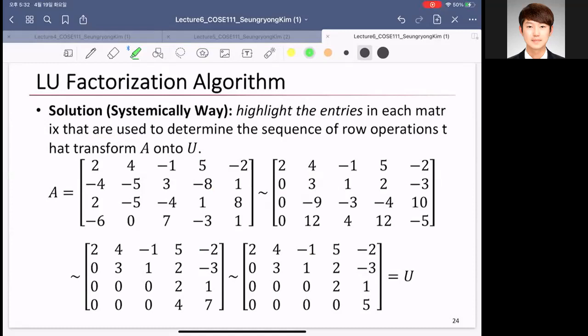So it's very important. The midterm exam will contain one of the problems that require high level understanding of LU factorization. Maybe you have to factorize an arbitrary matrix A. So it's very, very important.